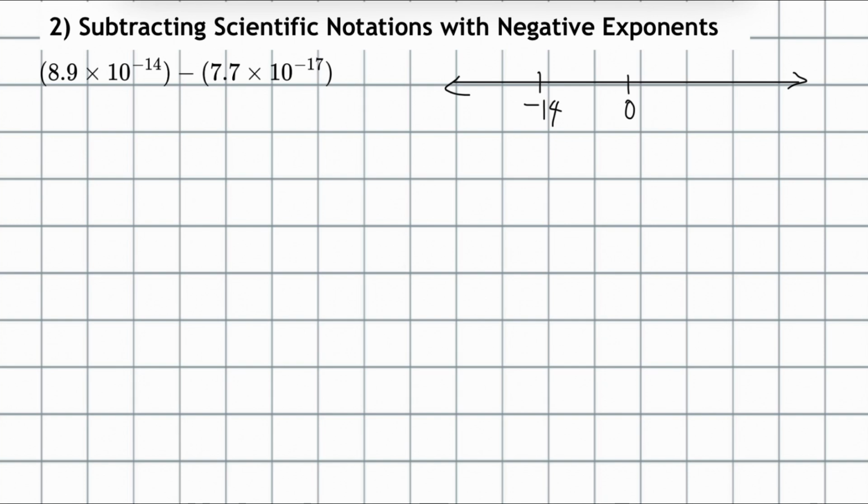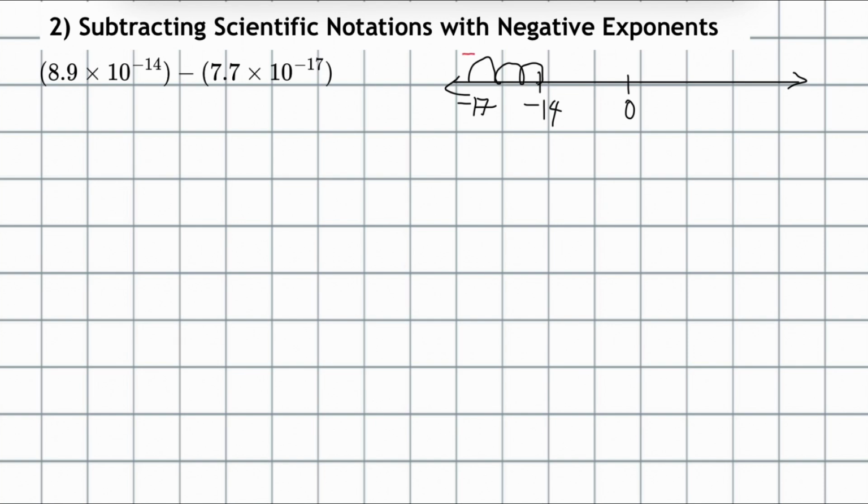In a sense, they are more negative, they're smaller, but the digits themselves become bigger. So let's say we move to the left and we say negative 15, negative 16, negative 17. So negative 17 is going to be around here.